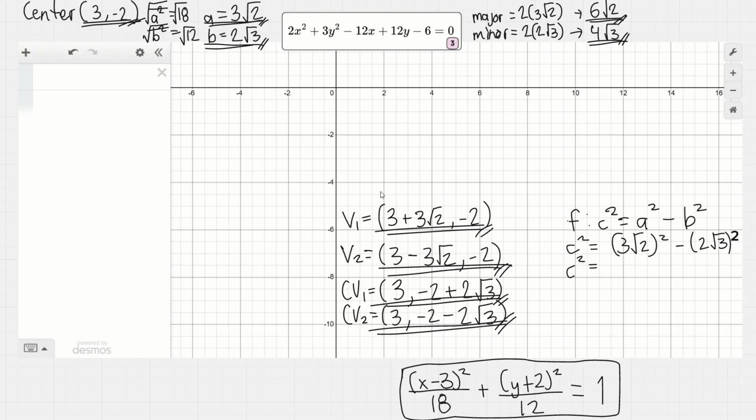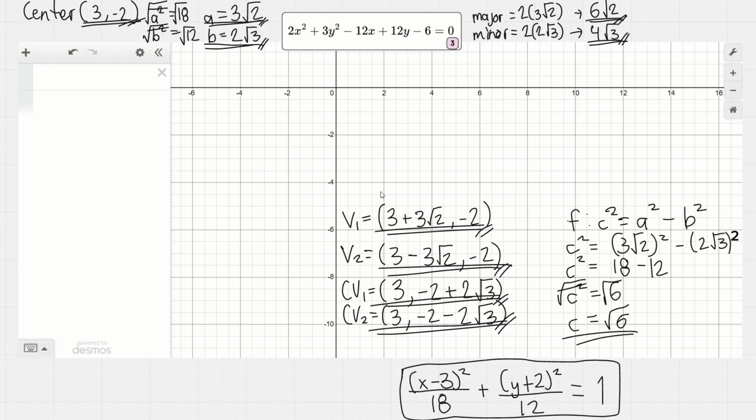So now let's simplify. 3 square root of 2 squared is equal to 18 minus 2 square root of 3 squared, which is equal to 12. 18 minus 12 will be 6. Square root both sides. C equals square root of 6.